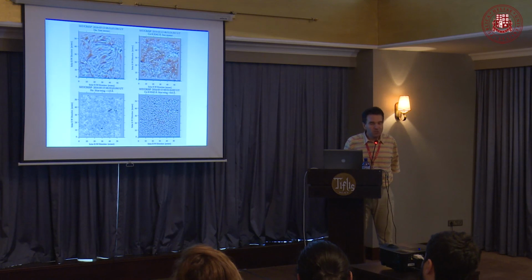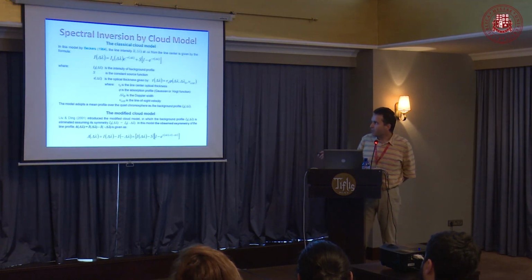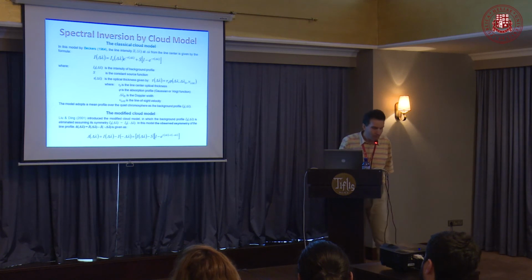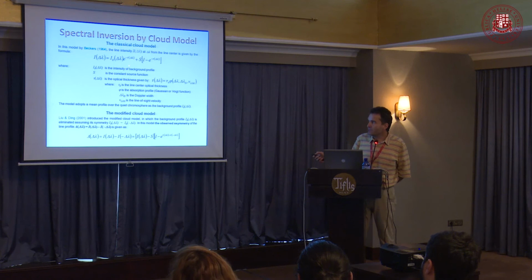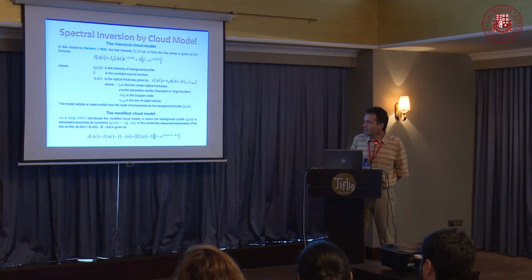And for interpretation of this data, we adopted a modification of the classical Beckers cloud model. Just for your recollection, this classical cloud model was introduced in 1964 by Jacques Beckers, and in time it evolved because people realized that the cloud model is quite sensitive to the background intensity.